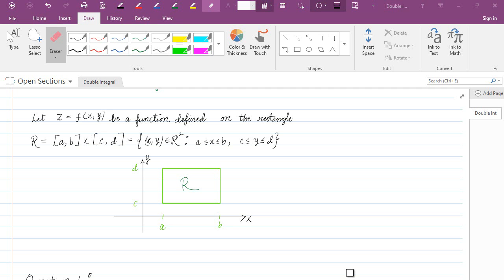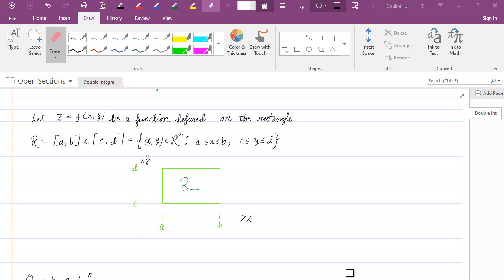And the reason that's a good idea is that if I break the rectangle into tiny pieces, then the density over a tiny piece, even though varying, can be assumed to be almost a constant. So the density over a tiny piece would be approximately constant.